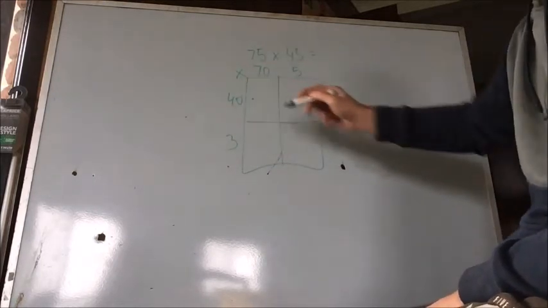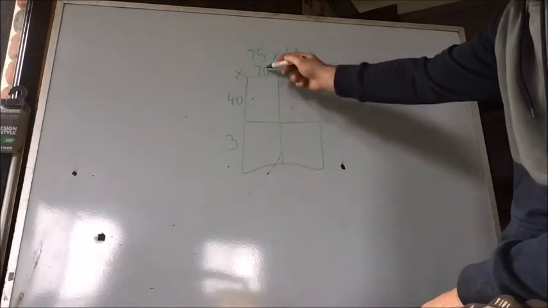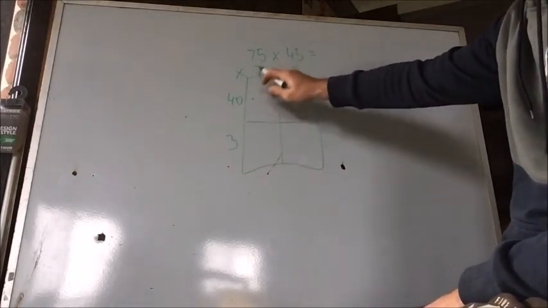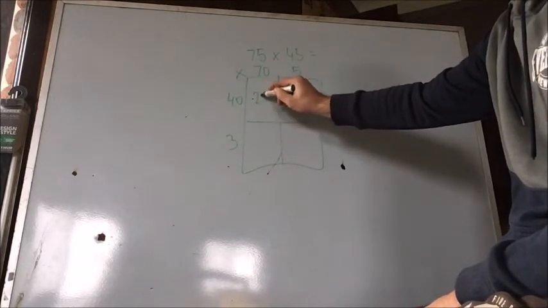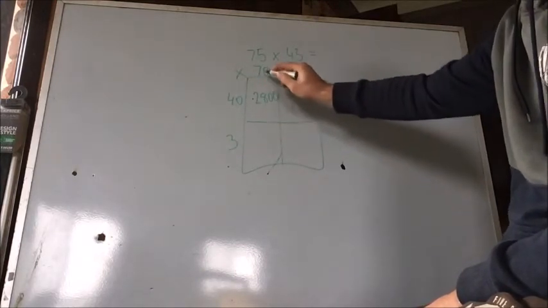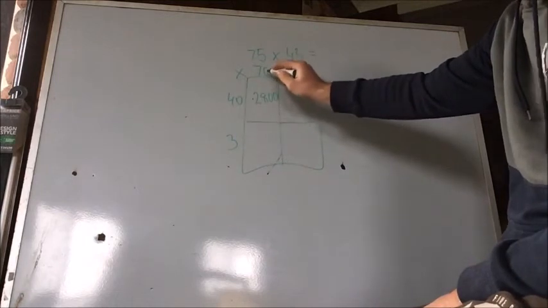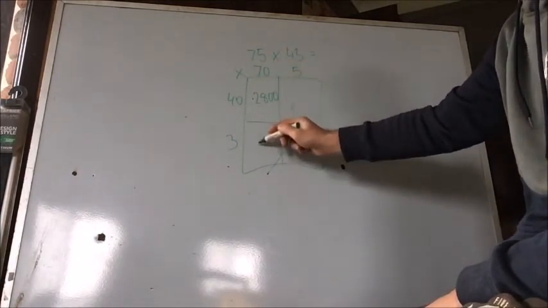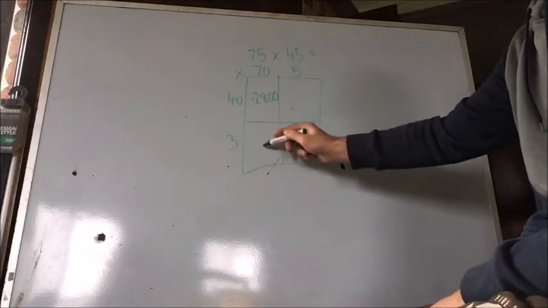Then we start going for walks. Okay, when 70 goes for a walk, he meets 40 in this box here. So 70 times 40 is 2,800 because 7 times 4 is 28 and then we have 2 zeros to add to it. 70 keeps going for a walk, then all of a sudden he meets Mr. 3 in here.